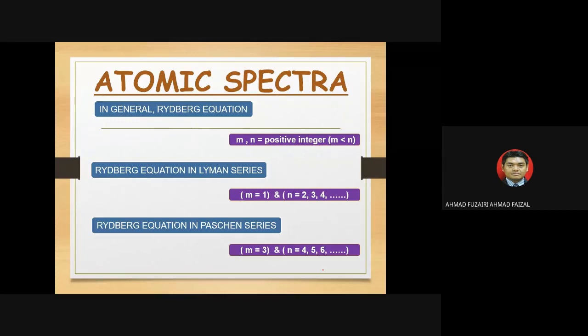The Rydberg equation is given here: 1 over m squared minus 1 over n squared, where m should always be less than n.